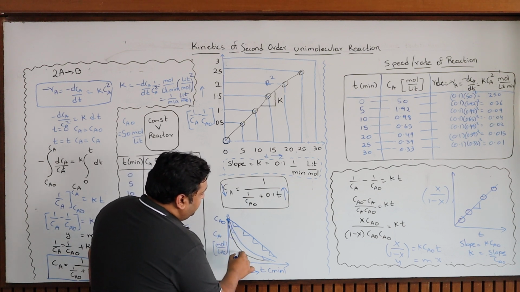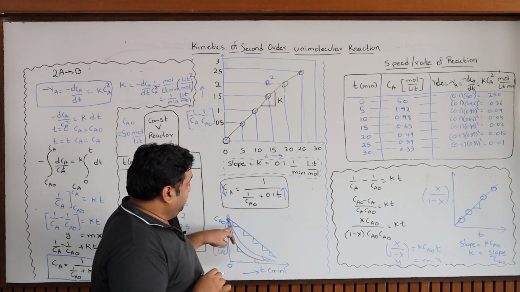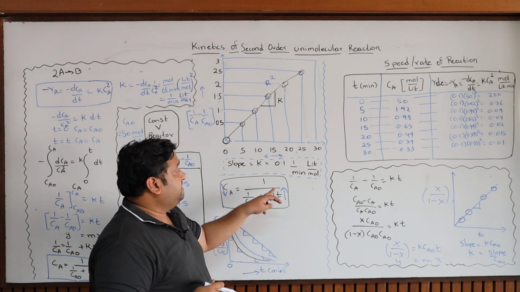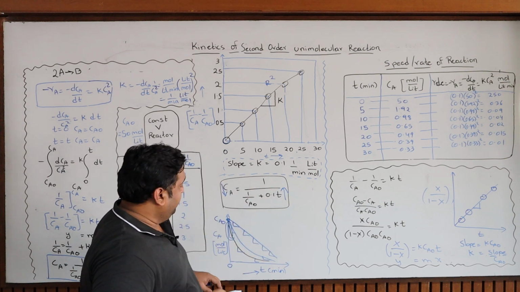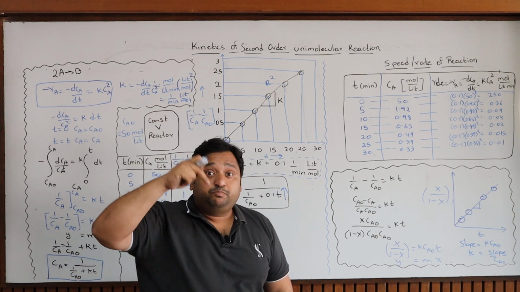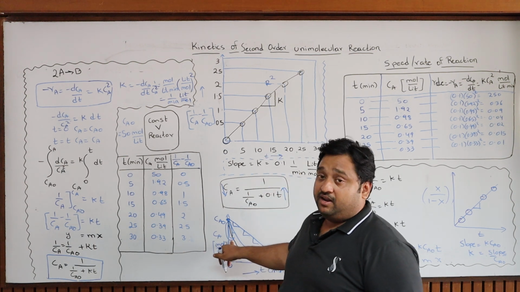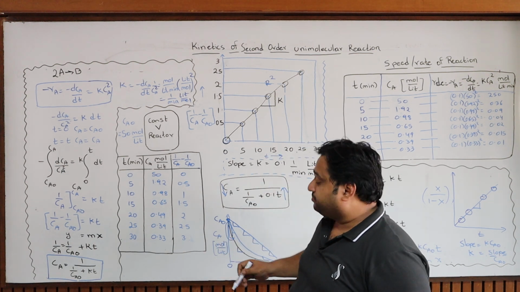You can see the steepness is very high. Even at the initial stage, the speed of reaction is even more, for the same rate constant value I am talking about. That means the higher the order, the higher the starting speed, because the slope will be much steeper. That is the takeaway.